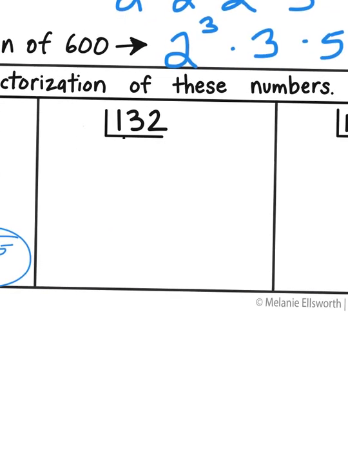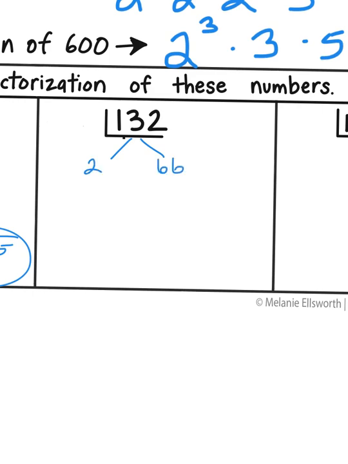For 132, I'm going to do the same thing. Even if you got stuck and didn't know for sure that 132 is even, you could always just divide it by 2.